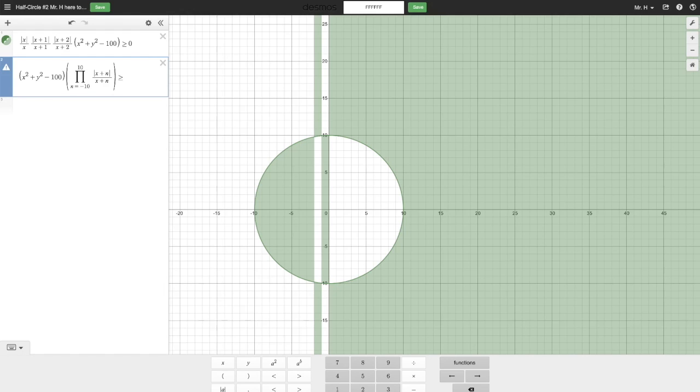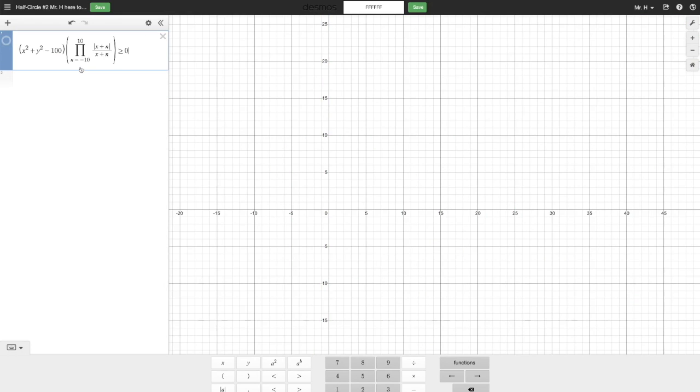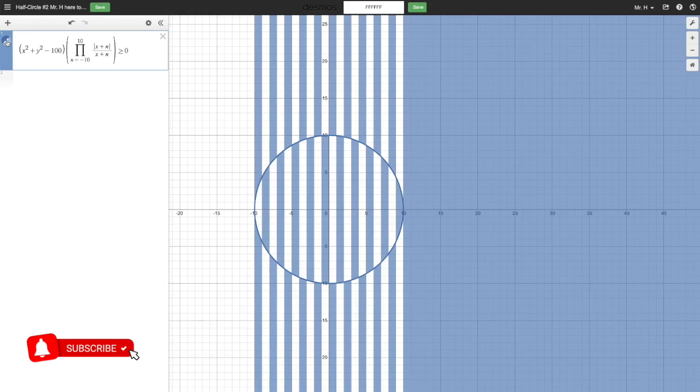Then I'm going to want greater than or equal to 0. Now, if I turn off, or just kind of totally get rid of this first one, when I turn this on, we want to see if this product actually gets us the graph that we want. So here we go. 3, 2, 1, boom.